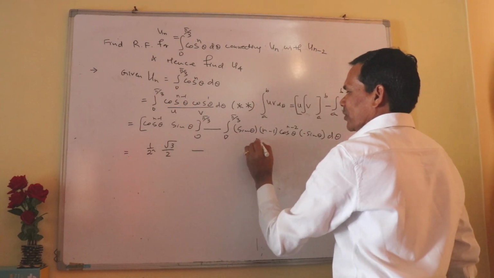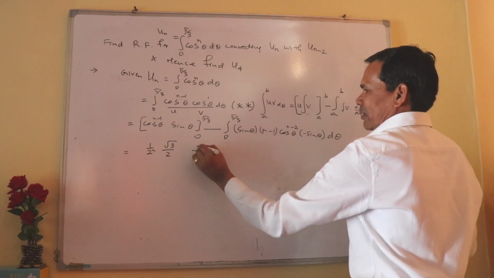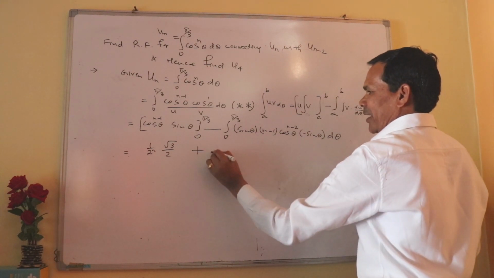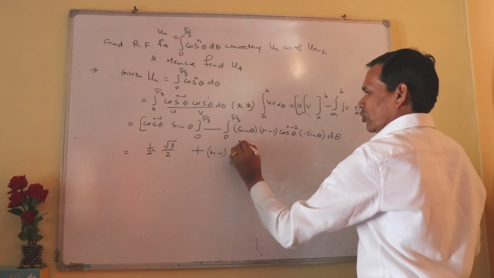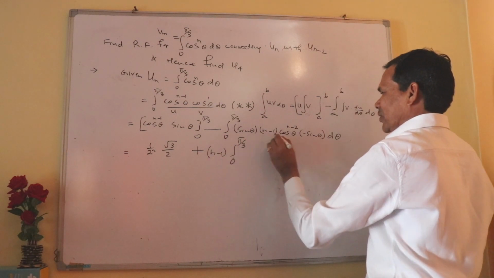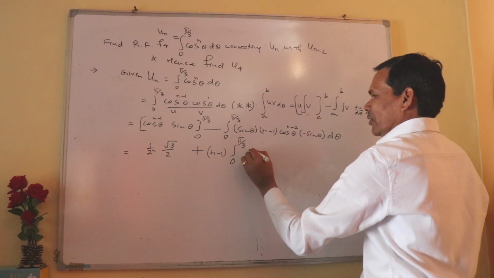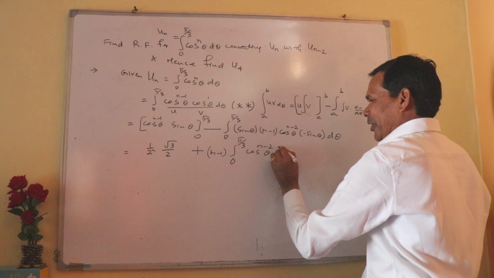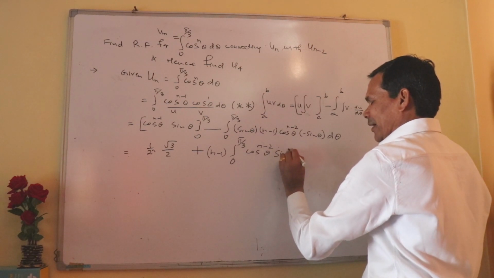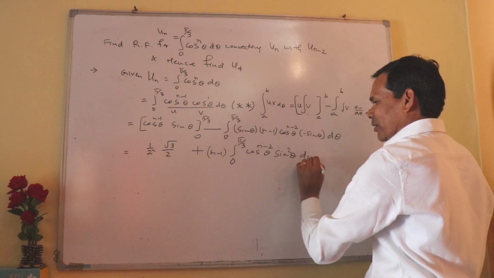Then next is minus, here plus, it becomes this n minus 1 is taken outside. Then integral 0 to pi by 3, cos raised to n minus 2 theta into sin square theta. Like this you are getting on simplification.